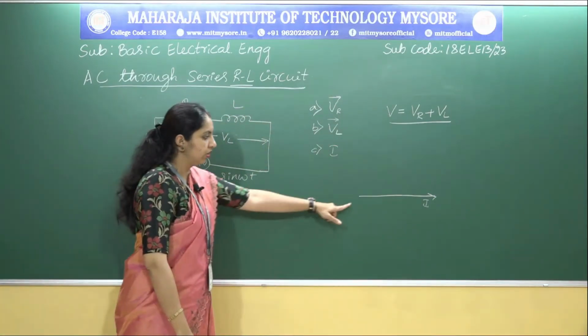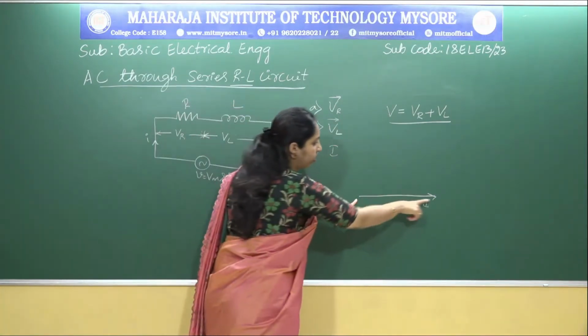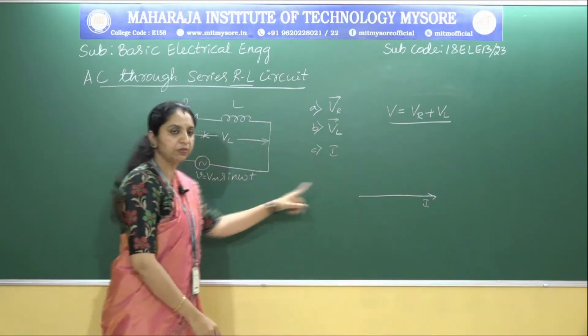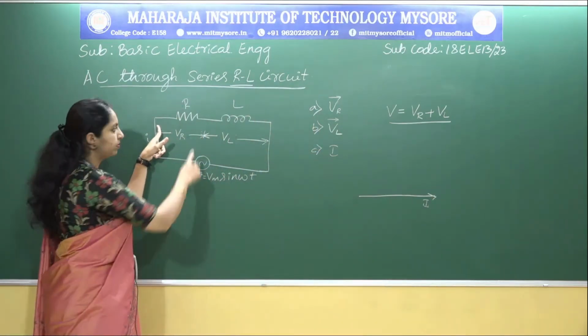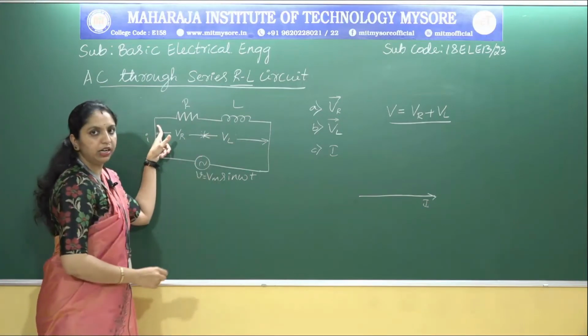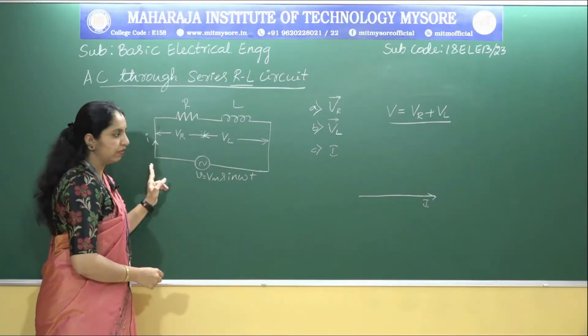Look at the diagram carefully. Considering I as the reference, why I as the reference? Because the same current flows through the resistance as well as the inductance.